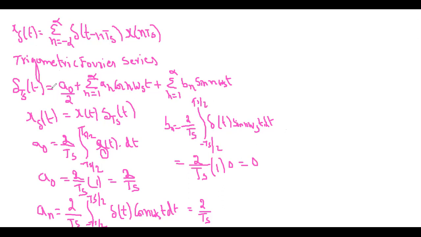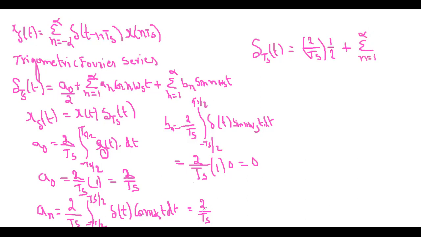Now delta ts of t is equal to a naught by 2. What is the a naught? We got 2 by ts, so 2 by ts into 1 by 2, plus sum of n is equal to 1 to infinity.